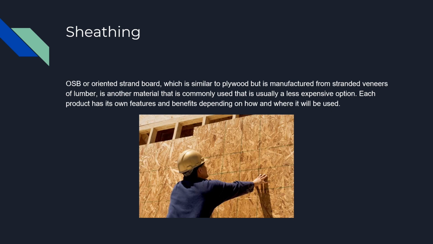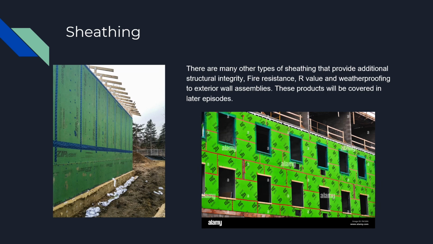OSB, or oriented strand board, which is similar to plywood but is manufactured from stranded veneers of lumber, is another material that is commonly used that is usually a less expensive option. Each product has its own features and benefits depending on how and where it will be used. There are many other types of sheathing that provide additional structural integrity, fire resistance, R-value, and weatherproofing to exterior wall assemblies. These products will be covered in later episodes.